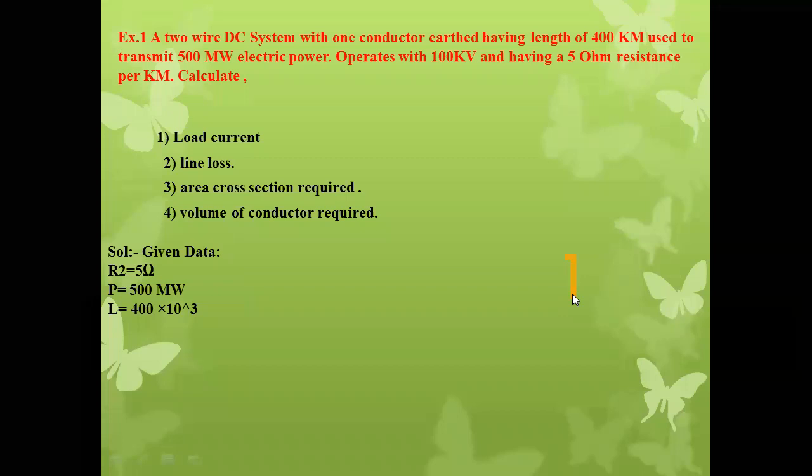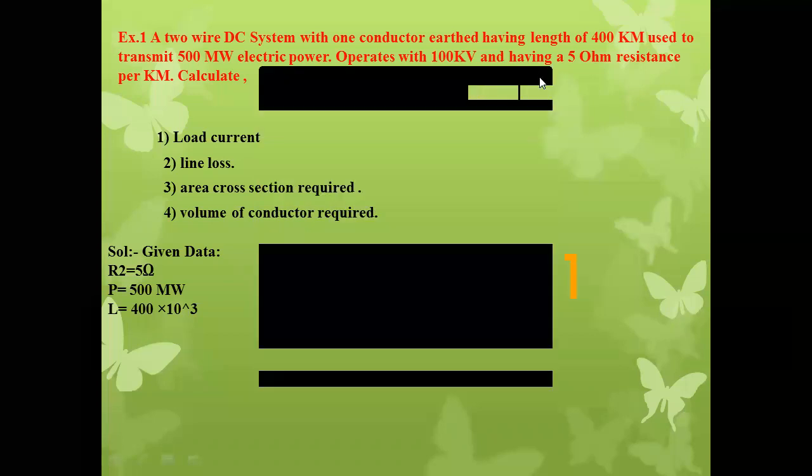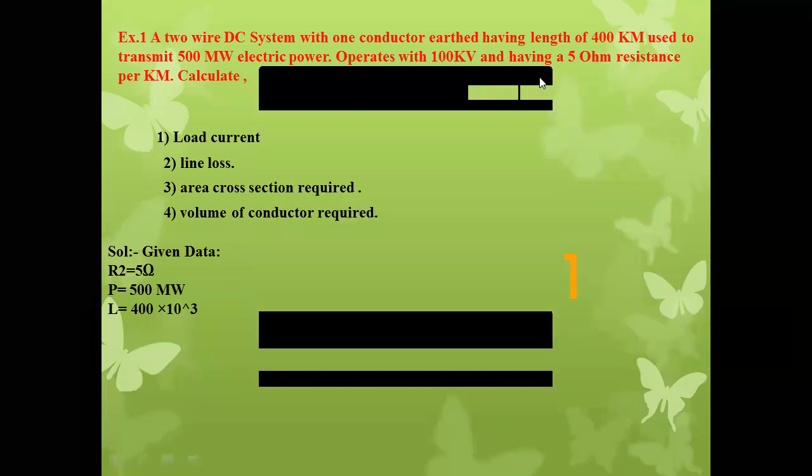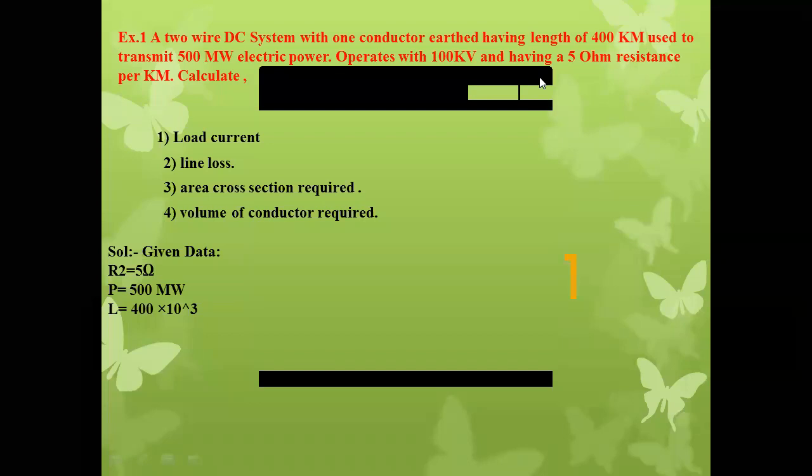Am I audible? Roll number 36 is there or not? Okay, meter square. Area cross section will be in meter square. Okay. Roll number 36, what is your answer?